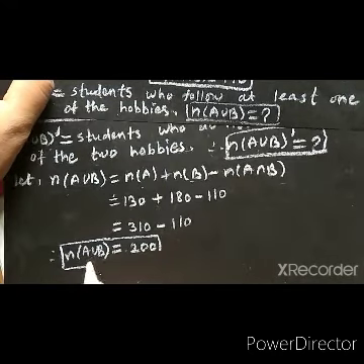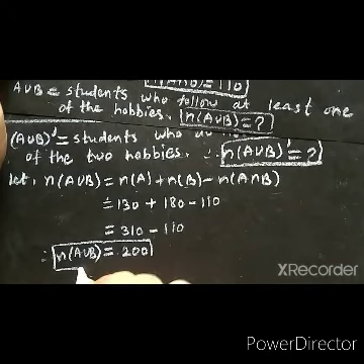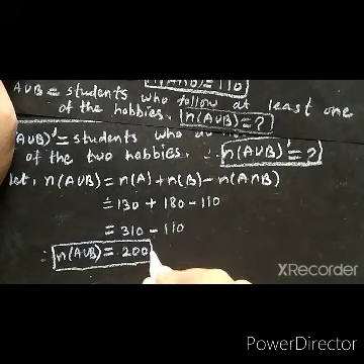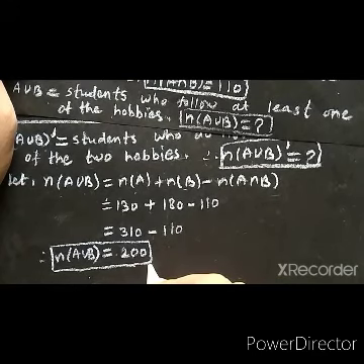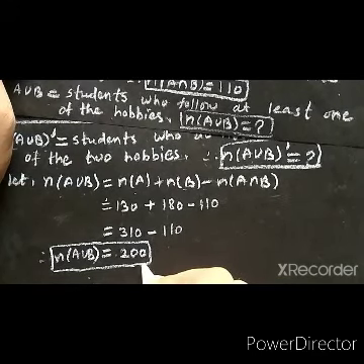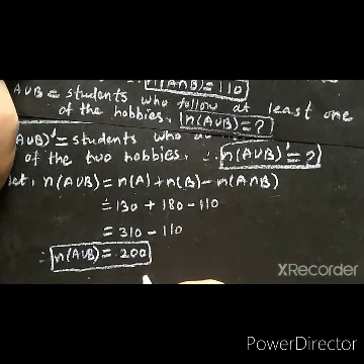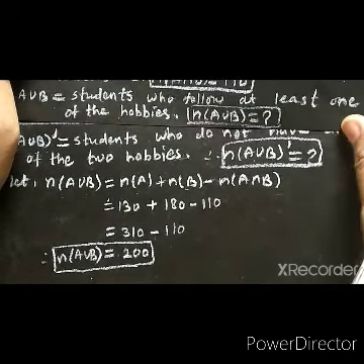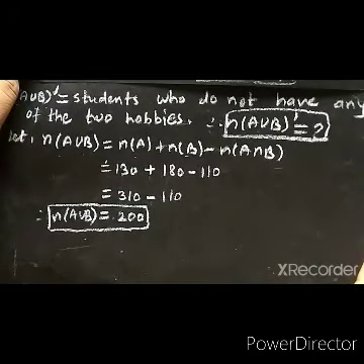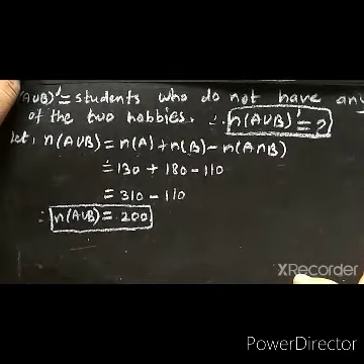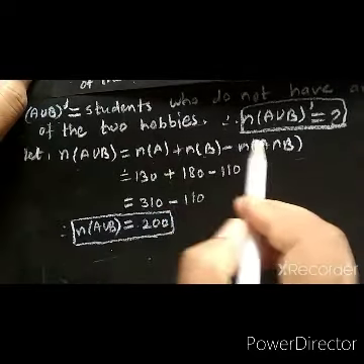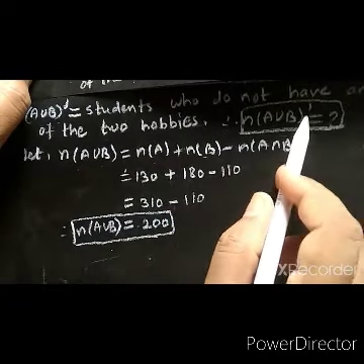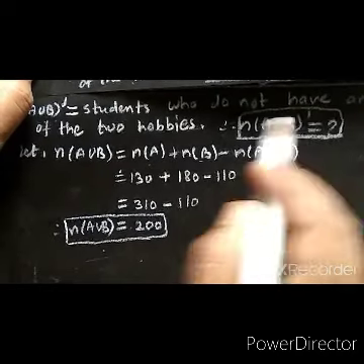n of A union B means students who follow at least one of the hobbies, sky watching or rock climbing. Now next we have to find out students who do not have any of the two hobbies, that is n of (A union B) complement.